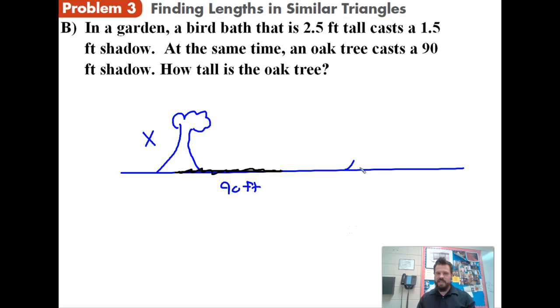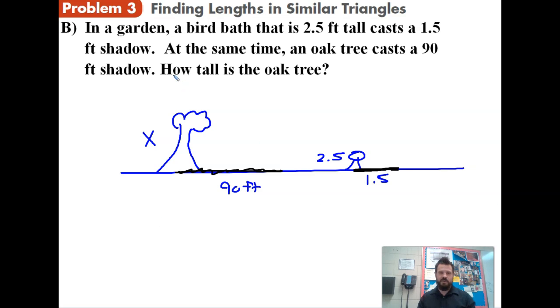And at the same time of day, we have a bird bath, which is 2.5 feet tall, casting a 1.5 foot shadow. And that's all we need to know to figure out how tall this tree is.